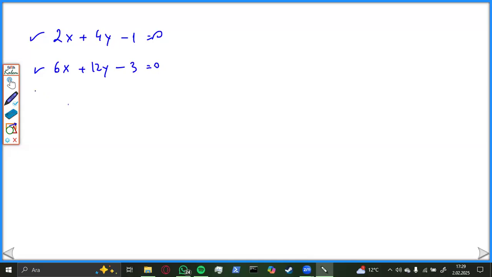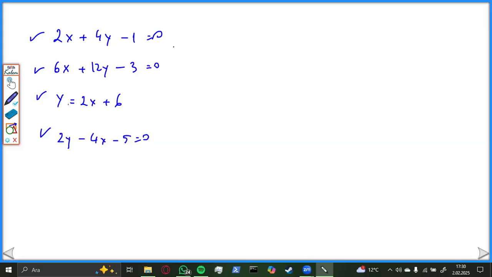This is our second equation. And assume that our other equation is y equals 2x plus 7, and our another equation is 2y minus 4x minus 5 is 0.